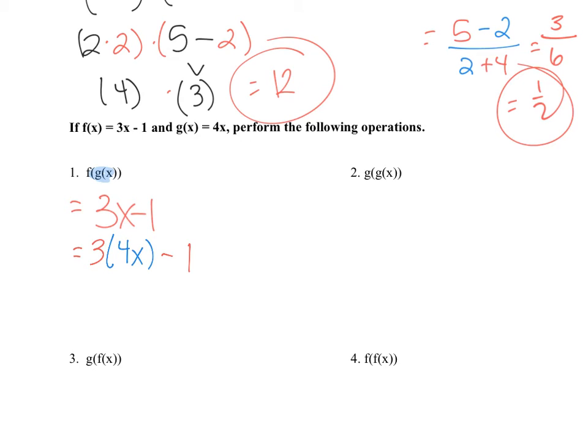Okay, what do I do next? Good. What's 3 times 4x? And remember, this is not being multiplied, so my 1 stays. That's your answer. We did that, Anaya, didn't we? Got it?